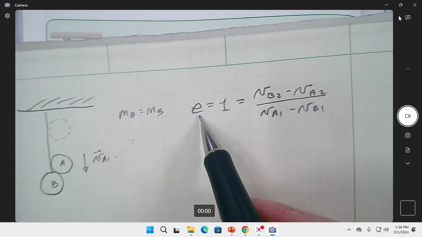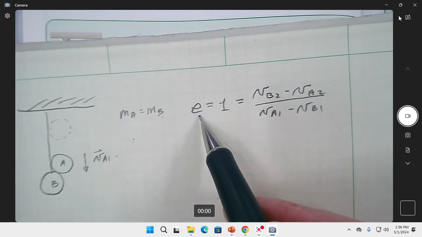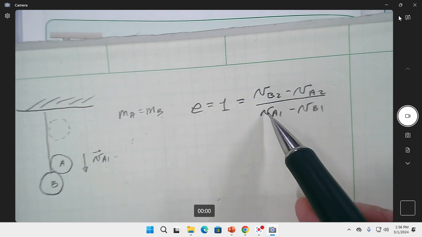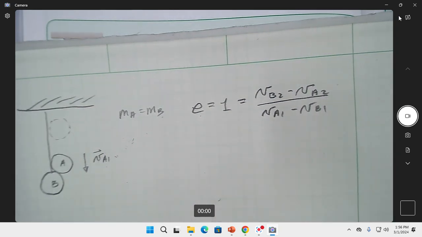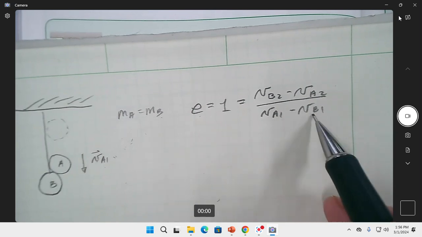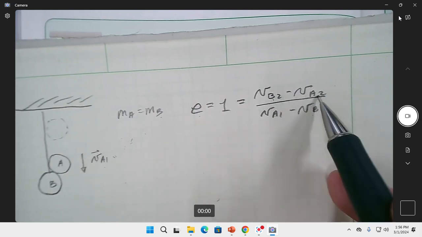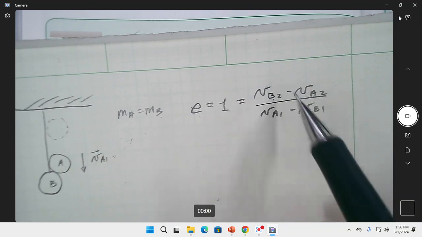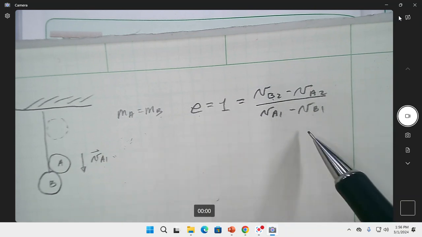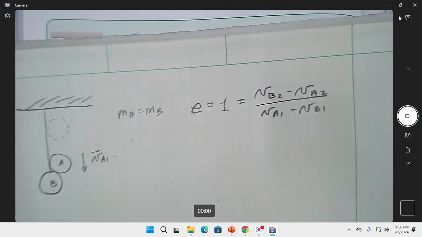Remember that the coefficient of restitution represents the ratio of the negative relative velocities after over before. So that's a lot of words. All right. So notably the A and the B swap places. That the after is on top of the before. Them swapping places means it's negative.